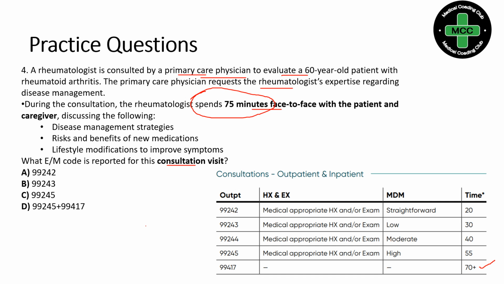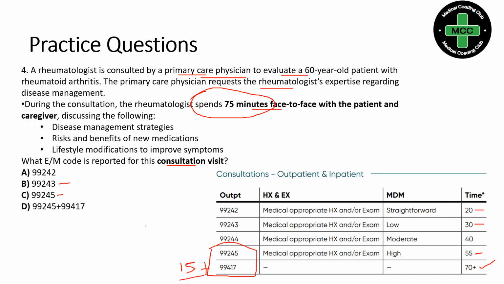And again, it's consulted by a primary care physician, so it's an outpatient consultation visit. If you see the time, 75, option 99242 is only 20 to 29 minutes, 99243 is 30 to 39 minutes, 99245 is 40 to 55 minutes. And we know that we are exceeding the time limit, so we have to take the prolonged service code. So we will utilize 99245 and 99417 for the additional 15 minutes.